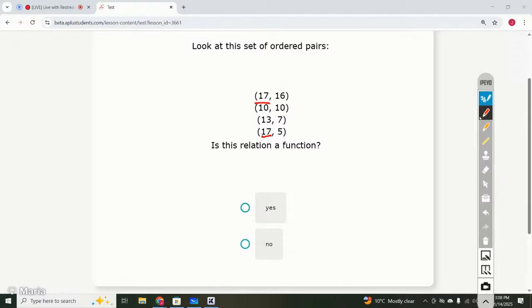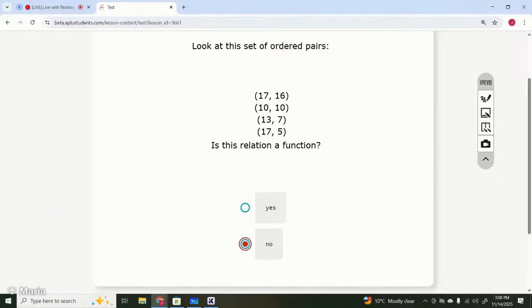So that means no, this is not a function. The correct option is no, that is not a function.